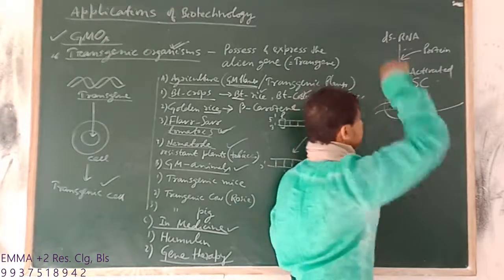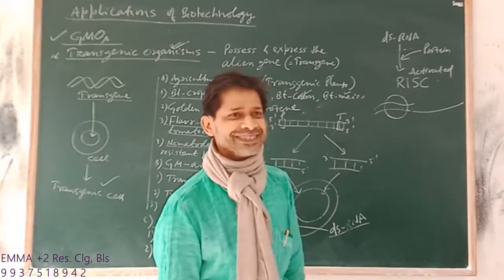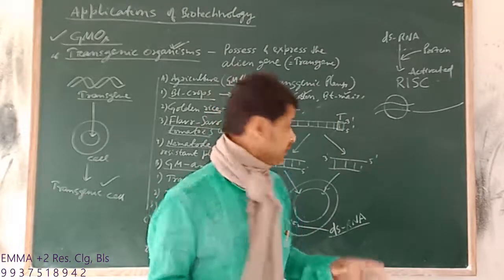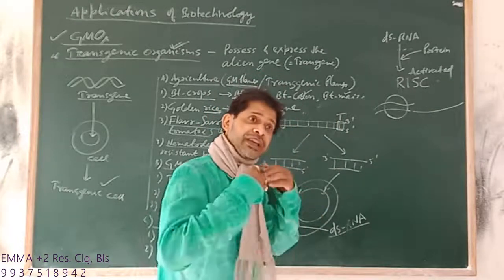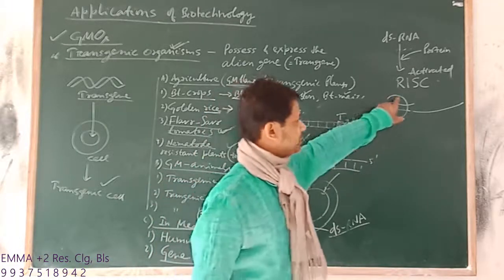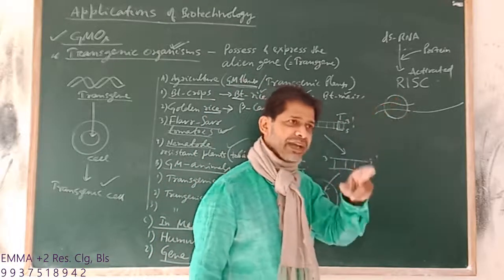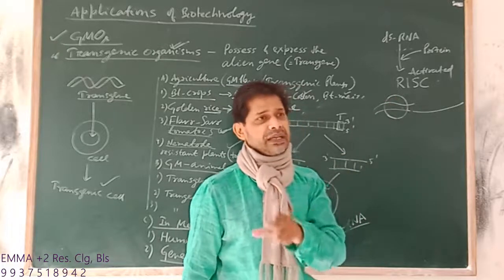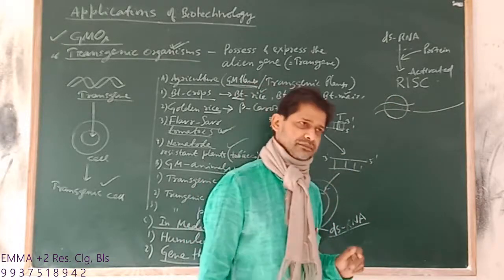So immediately that RNA will be broken. So the nematode gene will never express, because this activated RISC will break the RNA into fragments.